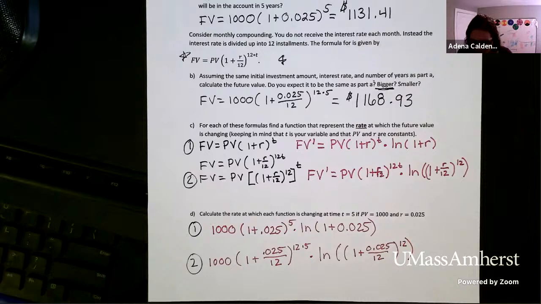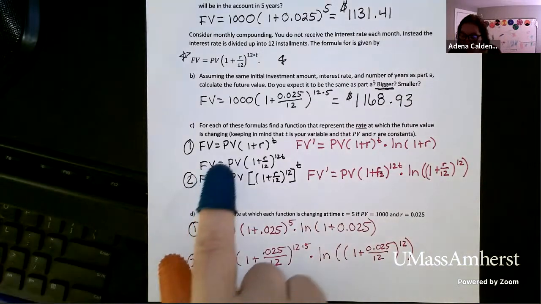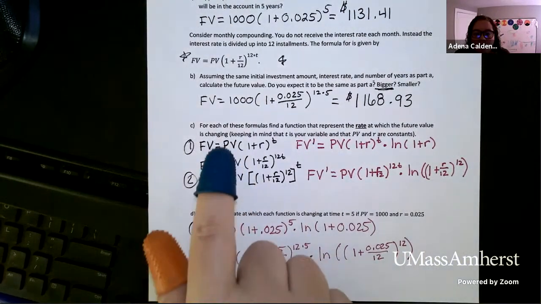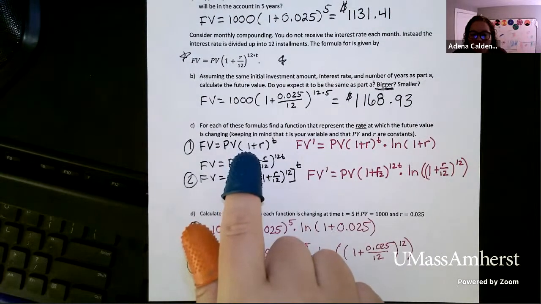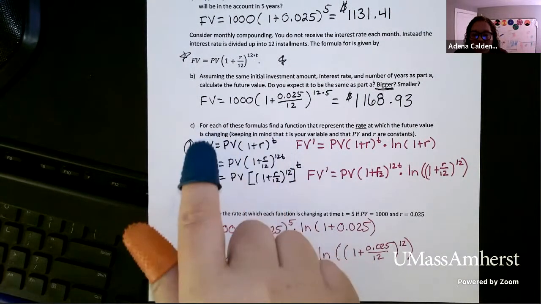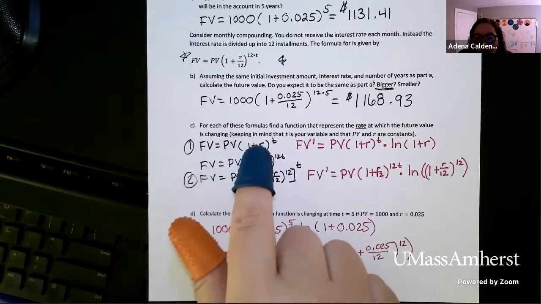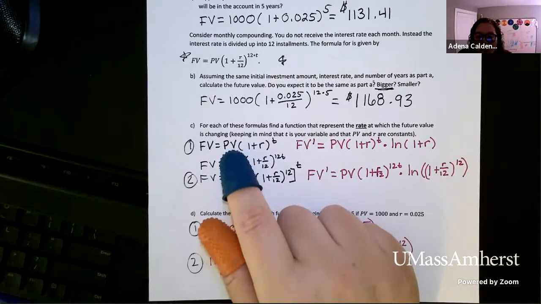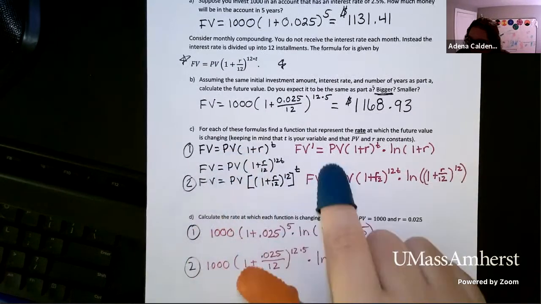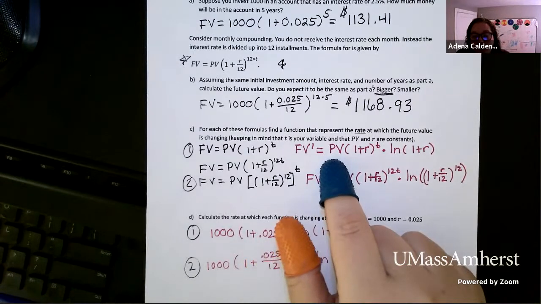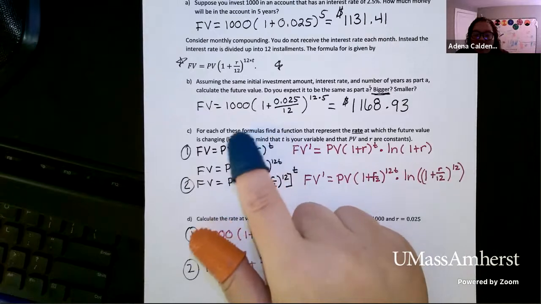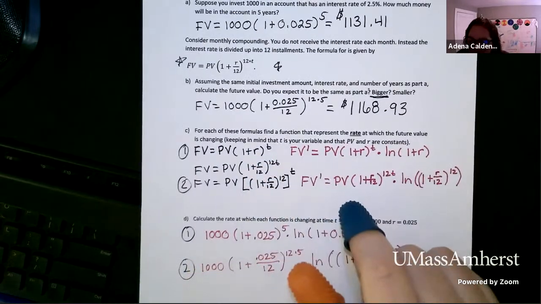All right. So our first equation that we're interested in, we had present value times 1 plus r to the t. That was our annual compounding. Here, the PV is a constant multiple, which means that the PV is going to multiply our derivative. So we have PV times the derivative of 1 plus r to the t.